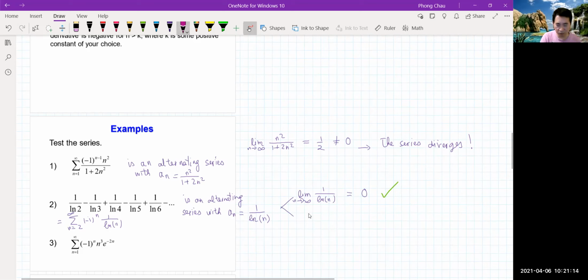The second condition: we check whether 1 over natural log of n is less than 1 over natural log of n plus 1.